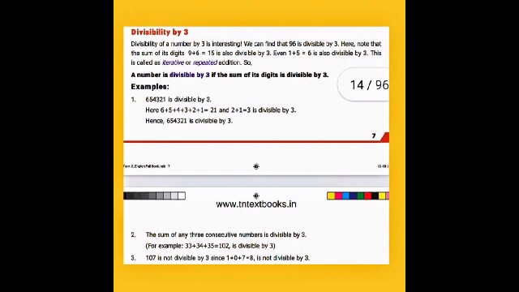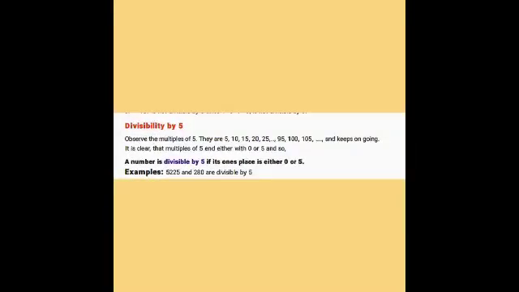Move on to the next divisibility rule, divisibility by 5. Divisibility by 5 means observe the multiples of 5. What are the multiples of 5? Yes, they are 5, 10, 15, 20, 25, 30, 35, 40, etc. So it's clear that the multiples of 5 end with 0 or 5.